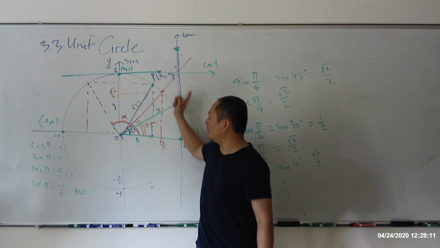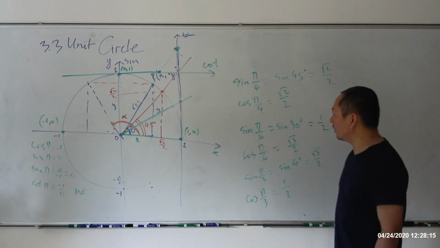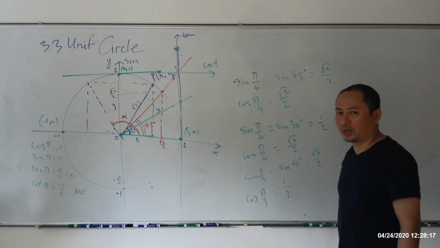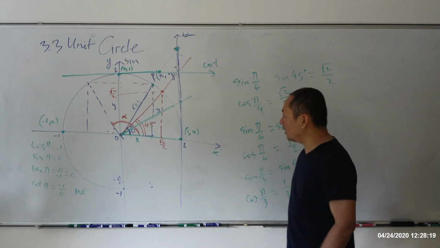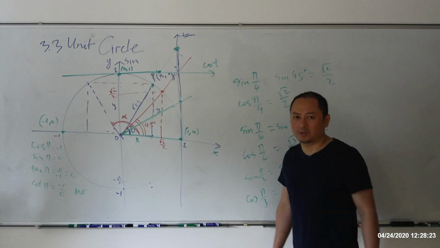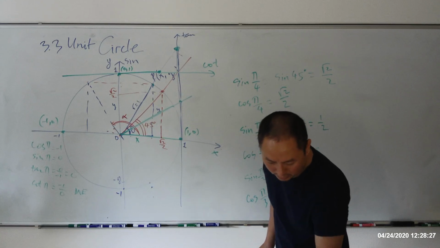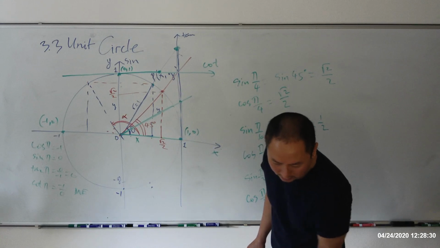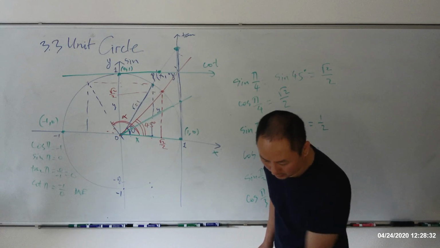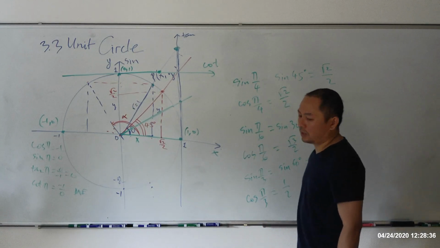For any angle, I have sine and cosine, and it helps me to figure out some basic trig functions. Of course, for the harder trig identities, which we're going to learn later on, we need to learn more. But for now, the basic ones are in here, and that's good. Let me double check if I missed anything. Okay, that should be enough for the unit circle.